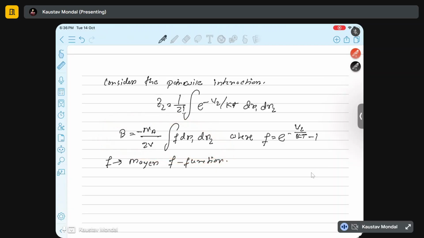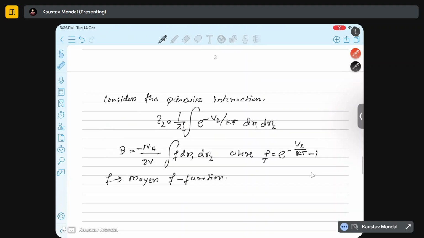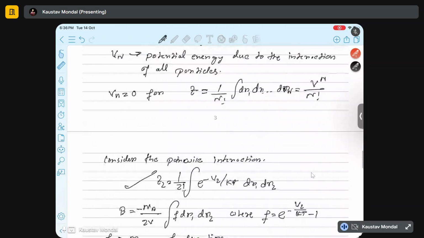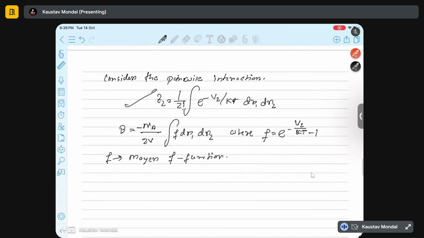So what we have done is first calculate and check the expression of this configurational integral for the case of a pair potential, and next we are going to use the Mayer function f in order to evaluate the second virial coefficient, that is B. So how do we do that?